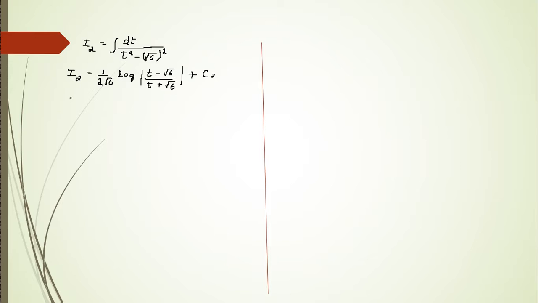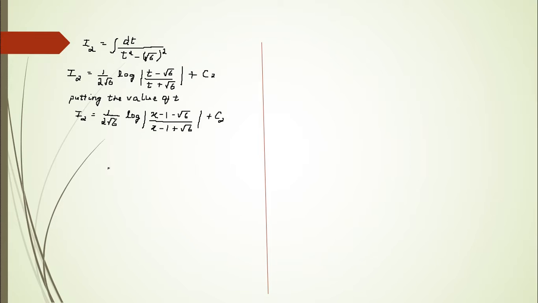Now putting the value of t, we'll get I2 is equal to 1 by 2 root 6 log of, t is equal to x minus 1, so I get x minus 1 minus root 6 divided by x minus 1 plus root 6, right, plus c2.